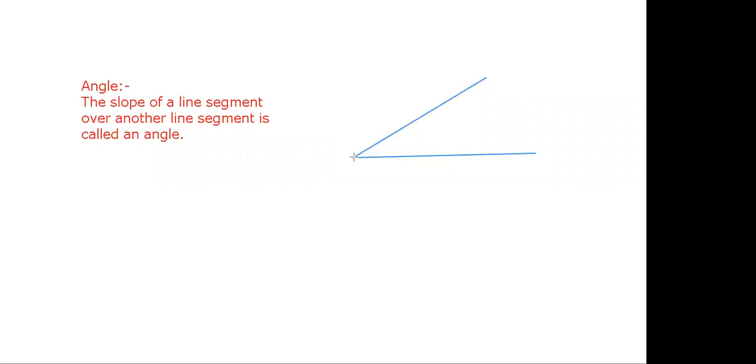These line segments are given names. Let's say this is P, this is Q, and this is R.